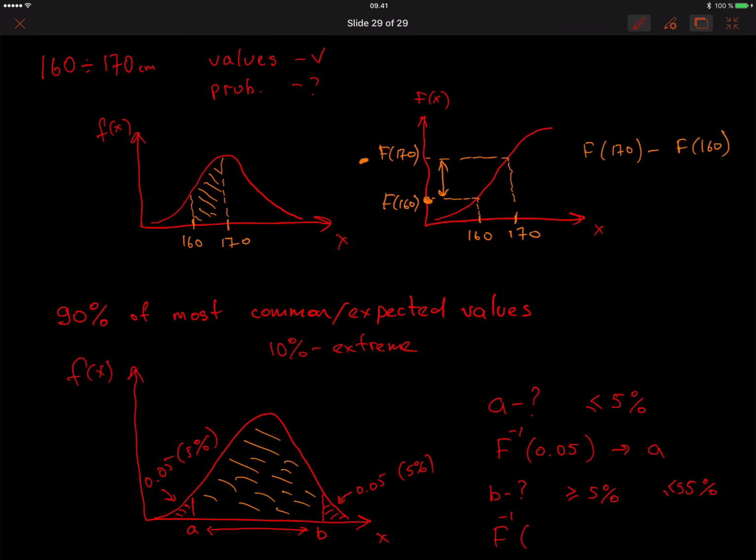You remember, CDF and ICDF always work with the probability to find values smaller or equal. So in this case, we call the ICDF for 0.95, and it will give us B. Okay. So if you want to find the values for given probabilities, it's a task for the ICDF. If you want to find probabilities for given values, it's a CDF.